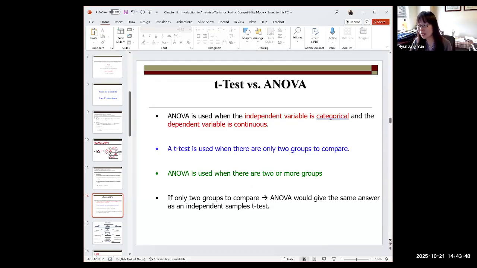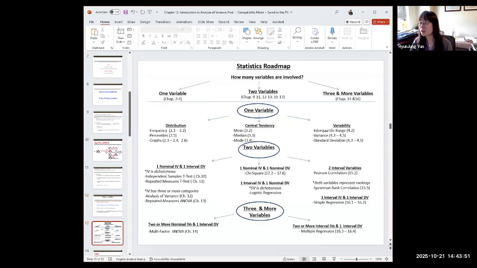So let's see where we are in the statistical roadmap. Last week, before the exam, we were here. We have a categorical group variable, and we're comparing something among those groups for the numeric, interval dependent variable, when the group had only two dichotomous categories: male, female, pre and post. But what about if we have multiple groups, at least three or more?